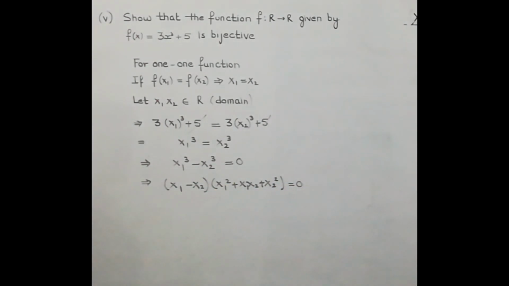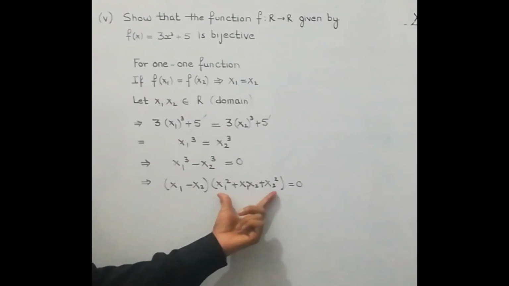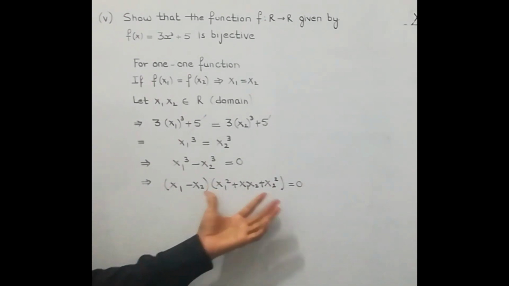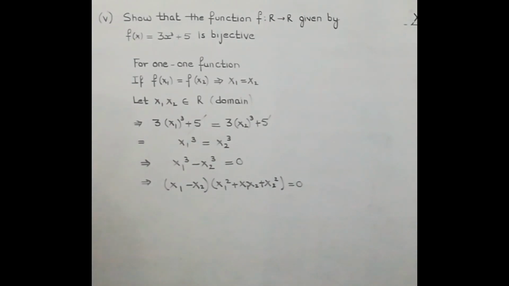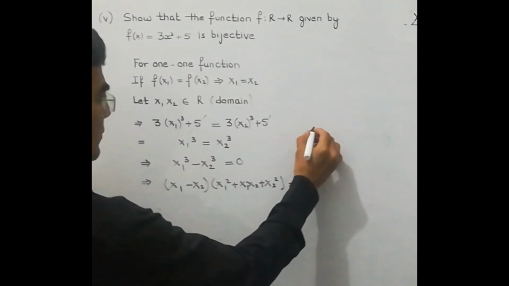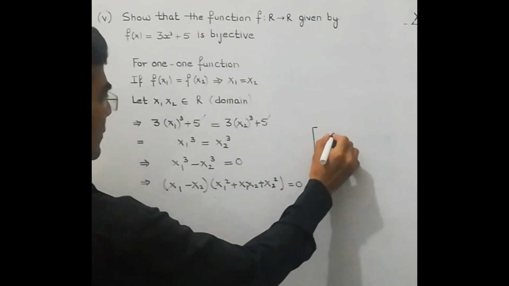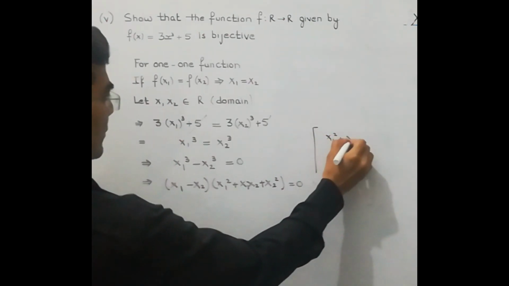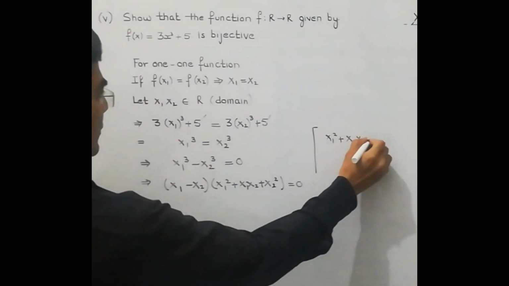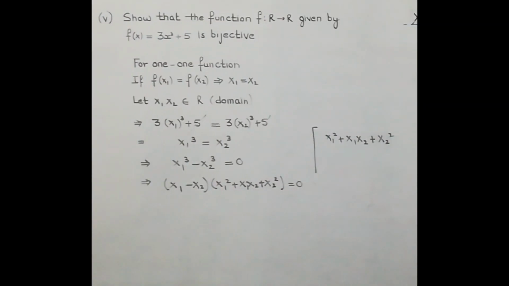Now here, this part is greater than 0. Now how to show that this part is greater than 0? So here we can write, now we will show that this portion is greater than 0.